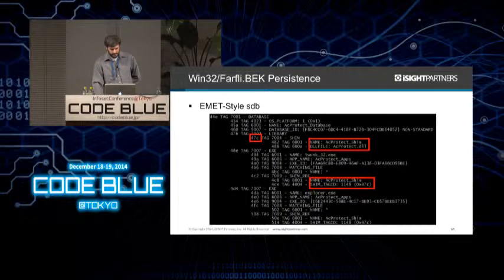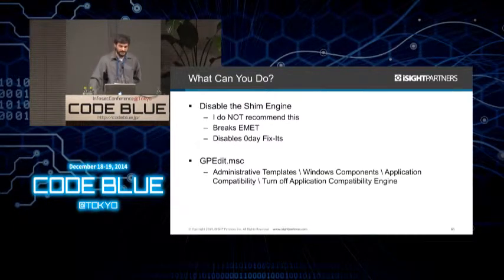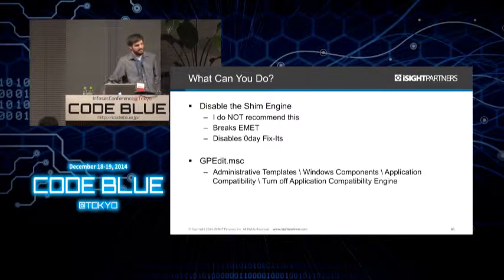So this all sounds bad. What should we do about it? It's possible to disable the shim engine. I don't recommend this, though. It's going to break emit. And one note is all the things we've talked about today are all through application compatibility.